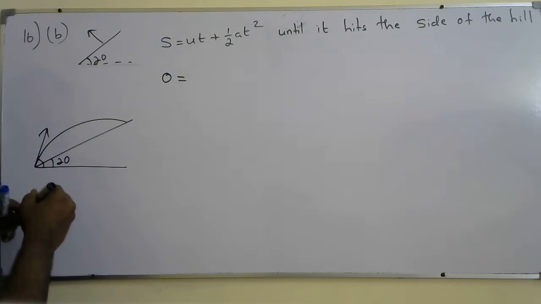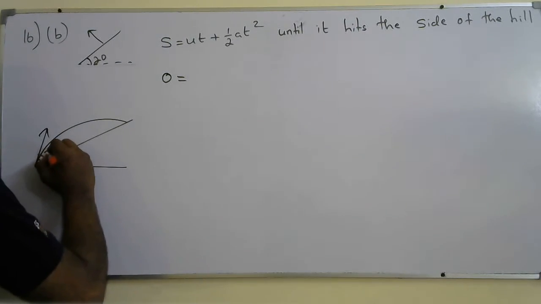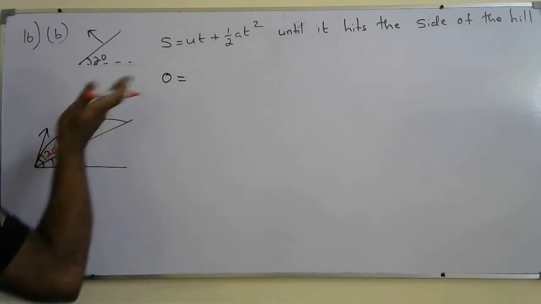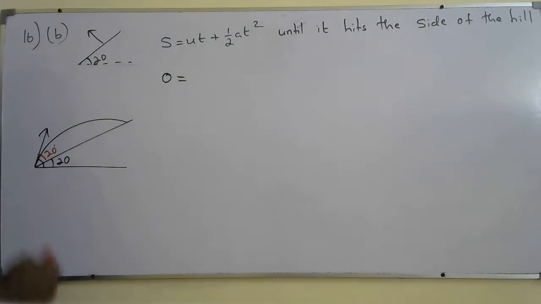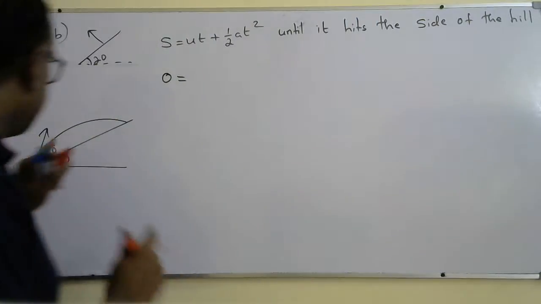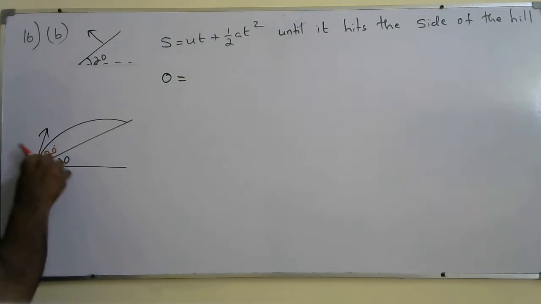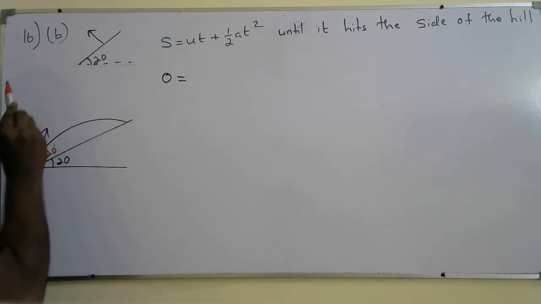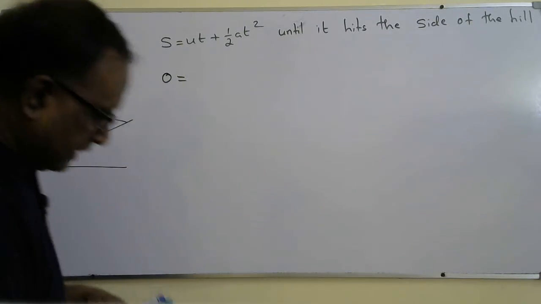So the angle with the side of the hill is 40 minus 20, that is 20 degrees. So the initial component of the velocity perpendicular to the slope is 50 sine 20.